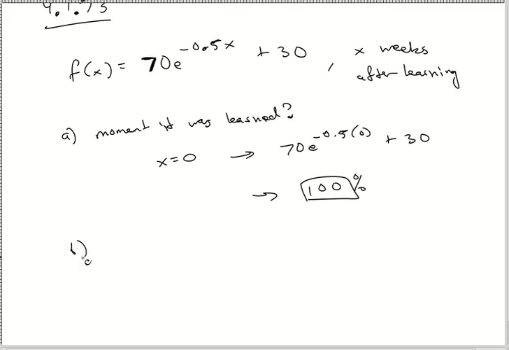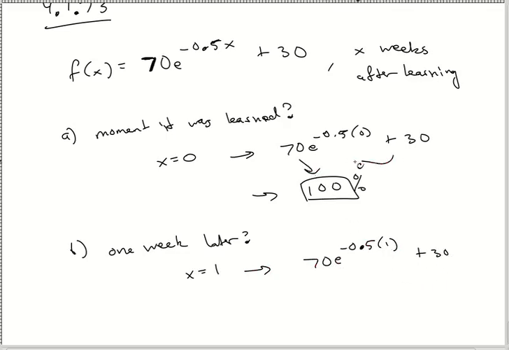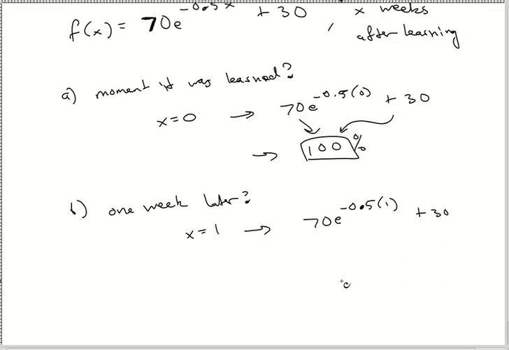So, cool. All right. 1 week later, how many people still remember what they were taught? So that's x equals 1. I'm going to plug it into this formula. And this one actually gives you a decimal return, not just a 100%. See how they got that 100? See 70 and 30? You see that? It's pretty interesting. We'll use that here in a bit.